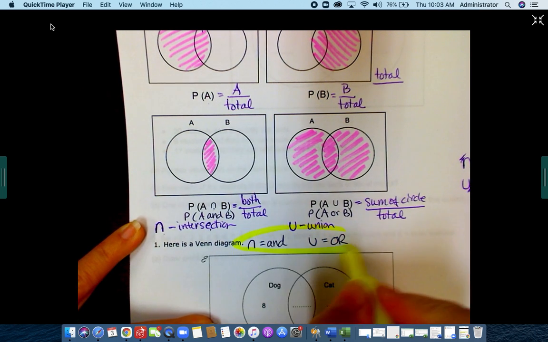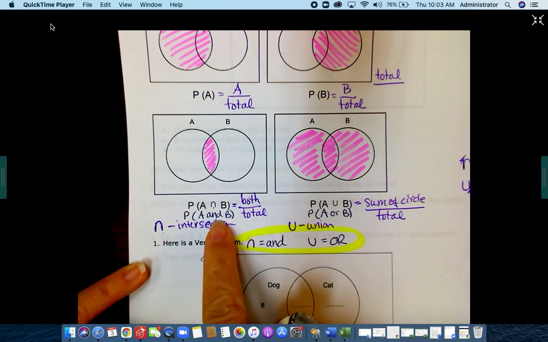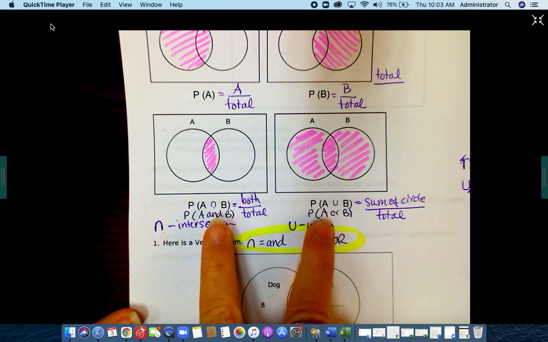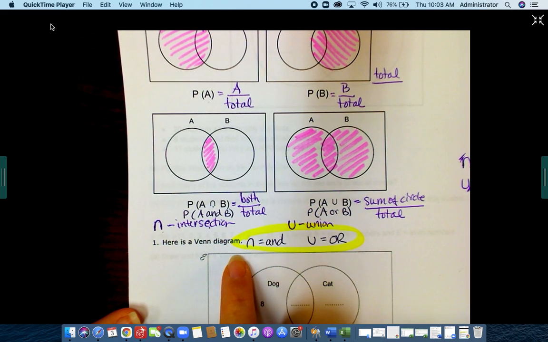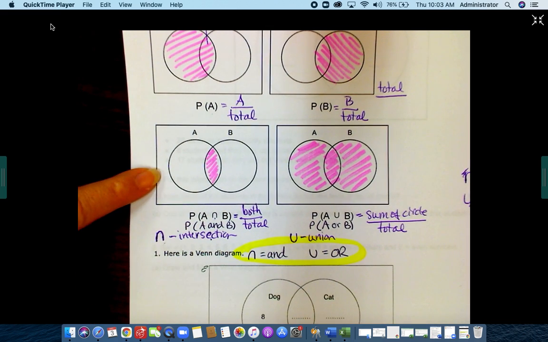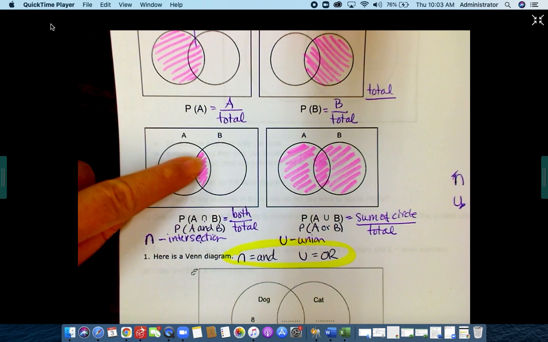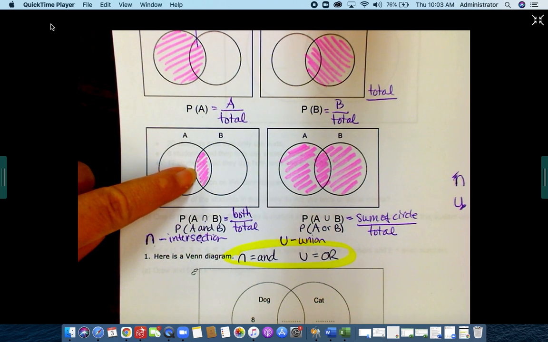So it doesn't matter whether you see it in symbols or if you see the words. Say you're reading a problem and instead of using the probability symbols, they're using words. If they say, what is the probability that a student likes apples and bananas, that would be these students here.